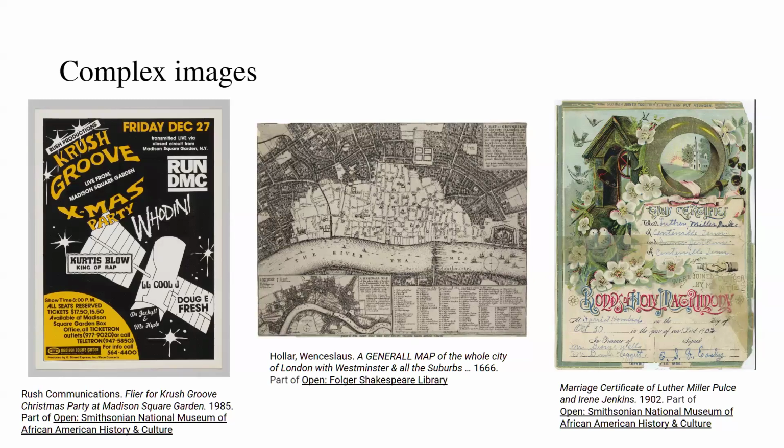We typically call these complex images. And complex images need more than alt text to be accessible. Remember, the goal is to give someone who can't perceive that image for whatever reason the same information as someone who can perceive that image. So another way to think about it is that you're helping someone build a mental model of the image.